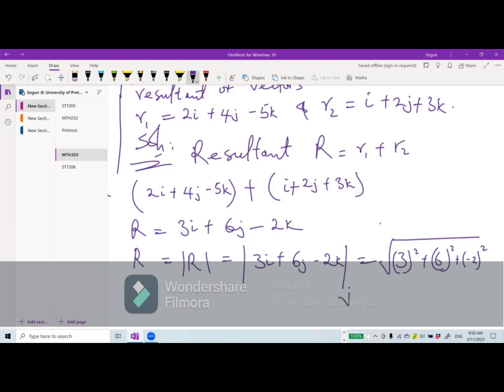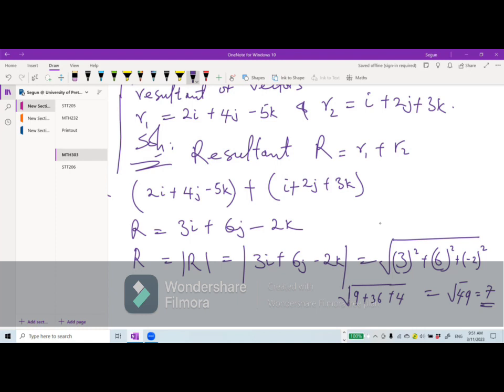So which is the square root of 9 plus 36 plus 4, which is the square root of 49. This at the end of the day you have 7. So is that the final answer?